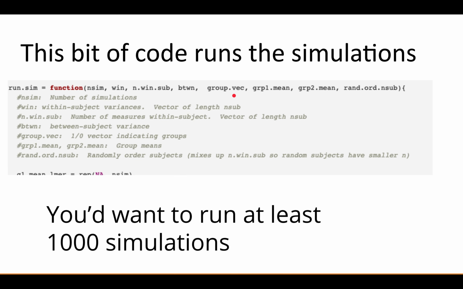So if I wanted to randomly choose who has only 5 observations, I can just shuffle this vector. So this randord nsub will randomly shuffle that for each simulated data set. So that would be if I just wanted 5 subjects, regardless of patient or control group, to have less data.